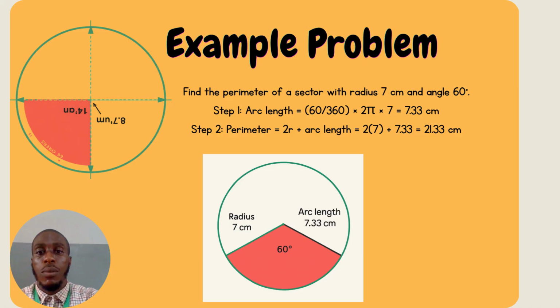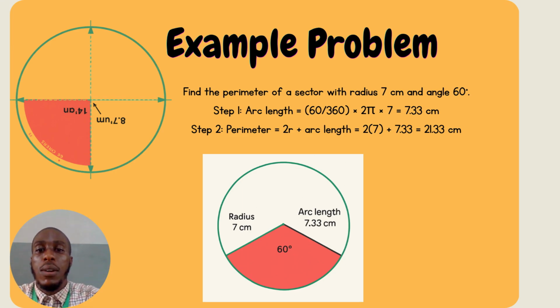And now the first step is to calculate the arc length, which is 60 divided by 360 times 2 times pi times r, which is the radius, or 60 divided by 360 times 2 times pi times 7, which, if you do it correctly, will give you 7.33 centimeters.